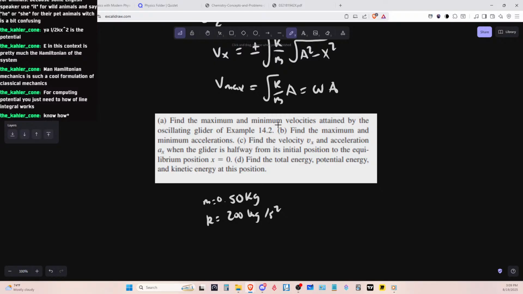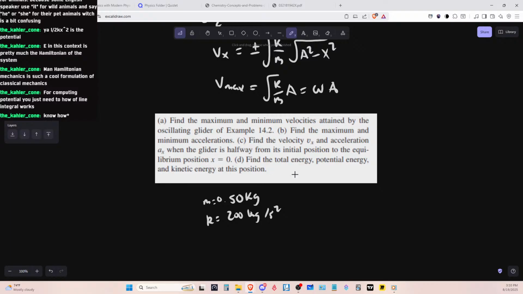Find the maximum and minimum velocity obtained by the oscillating glider. Find the maximum acceleration. Find the velocity v and the acceleration a when the glider is halfway from the initial position to the equilibrium position of x equals 0.